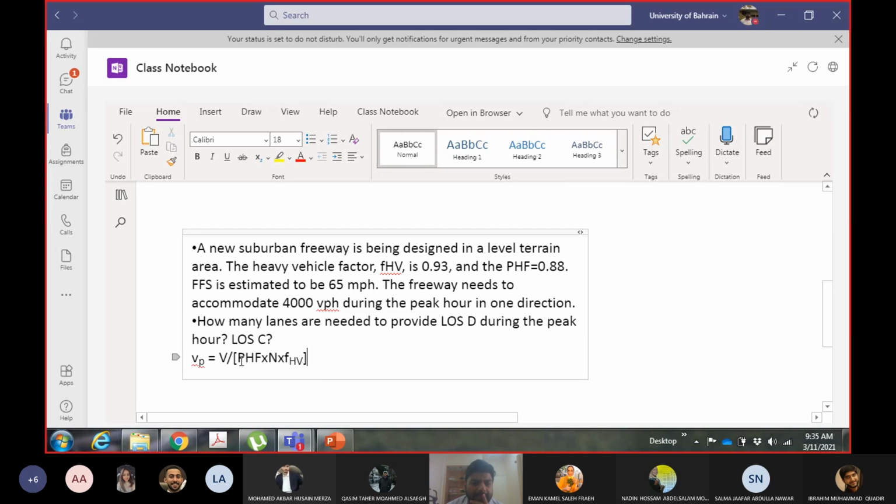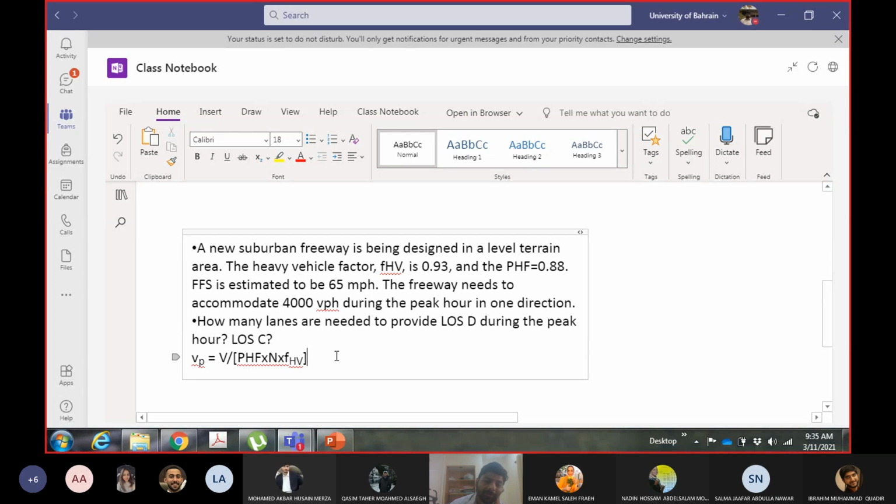Okay, so in this equation, PHF is given, N we don't know, FHV is given, and V is also given. Level terrain doesn't matter. If FHV was not given, then we could have found it. Anyways, what they are saying is we will assume, for example, 2 lanes.